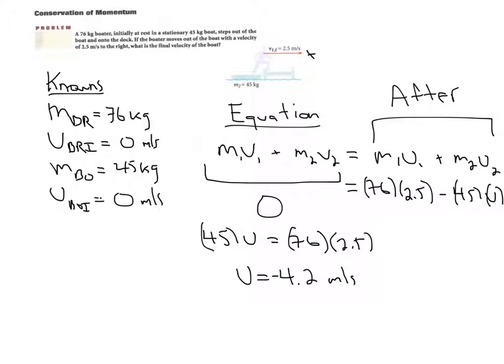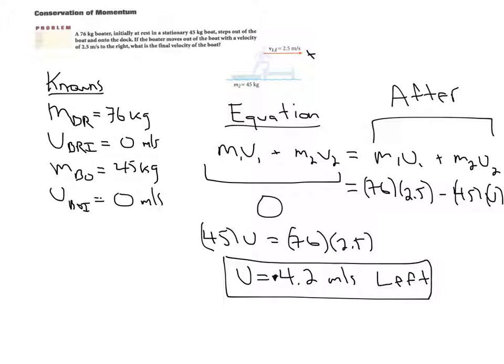The negative tells us it is in the opposite direction to what we decided was positive, which was to the right. So I'll get rid of the negative sign and make this 4.2 meters per second to the left. This is a sample of a conservation of momentum problem.